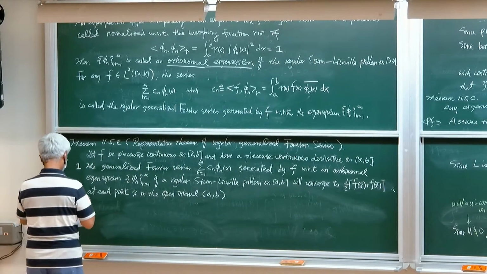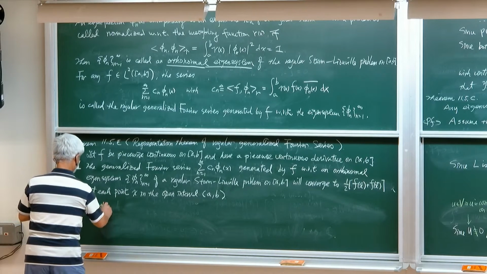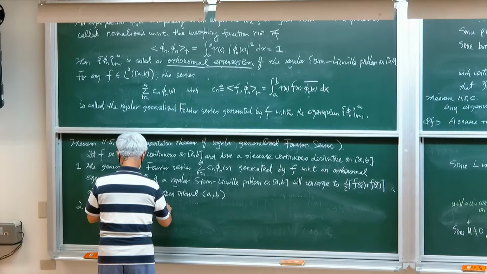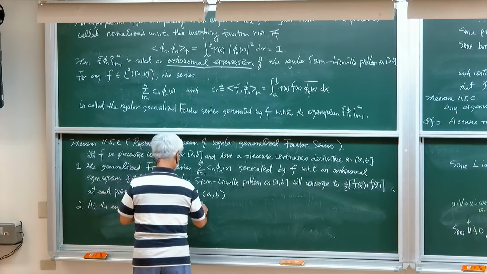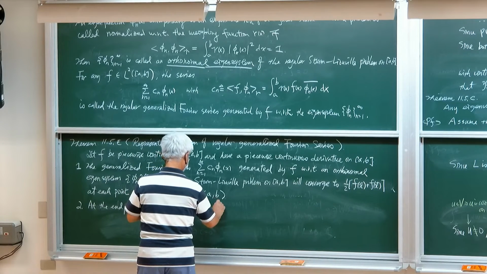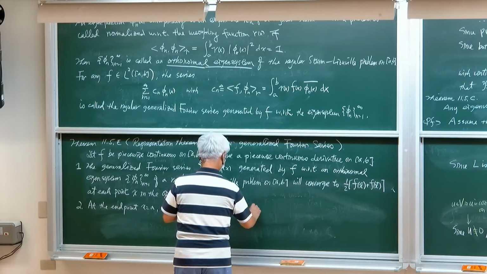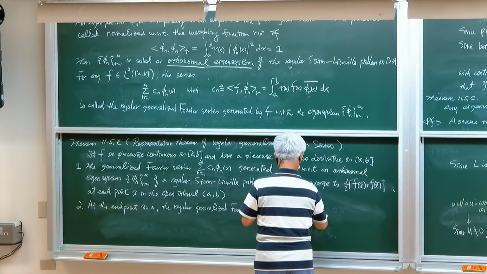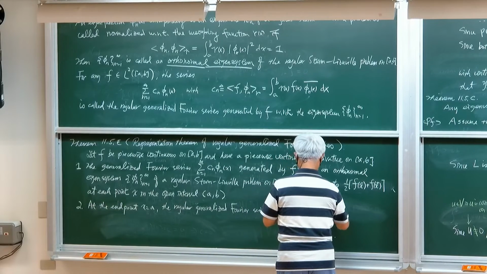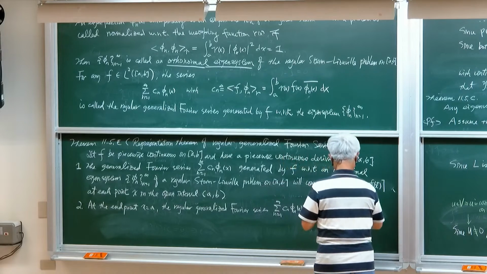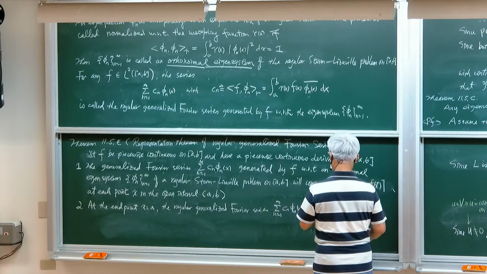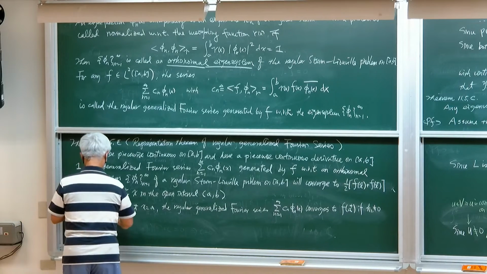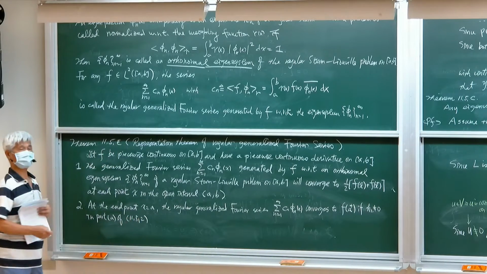Now, at the endpoint x equal to a, the regular generalized Fourier series summation converges to the right-hand limit if k2 is not equal to 0, in part A of 11.5.2, because there are two parts for the boundary condition.